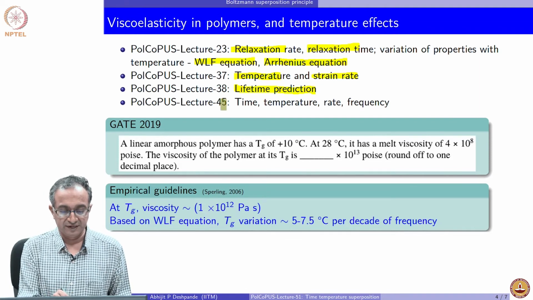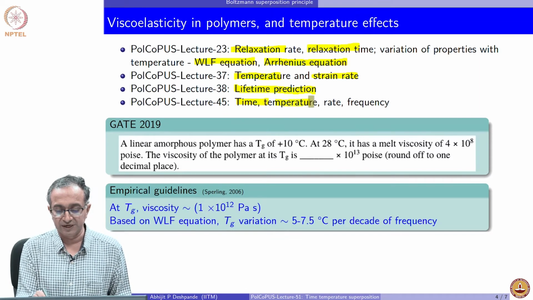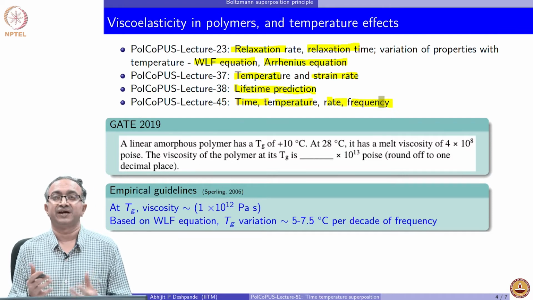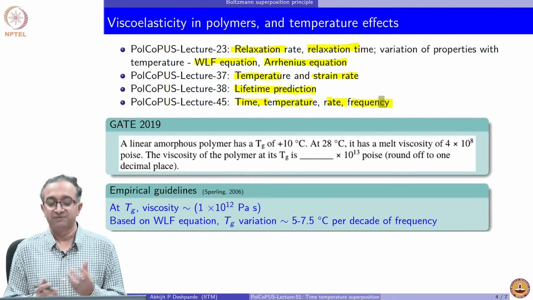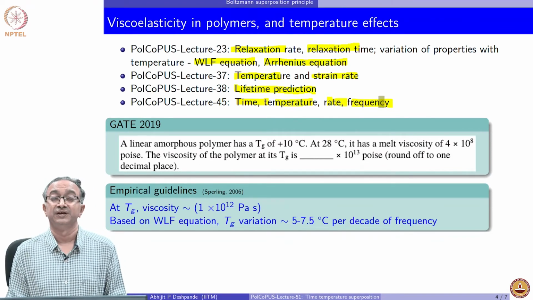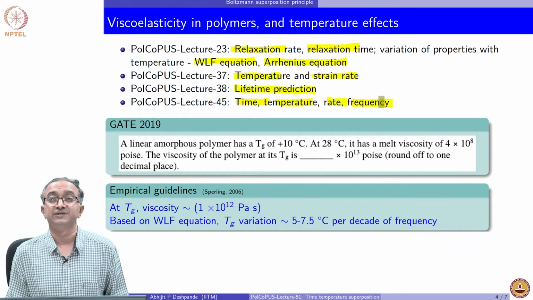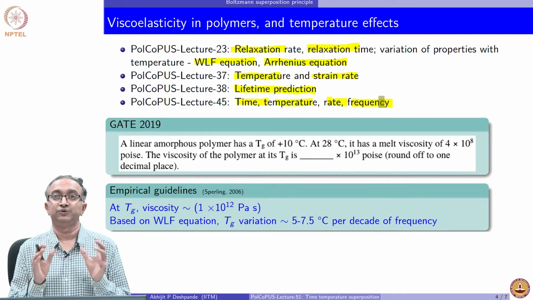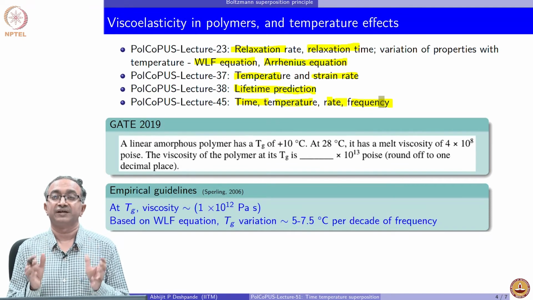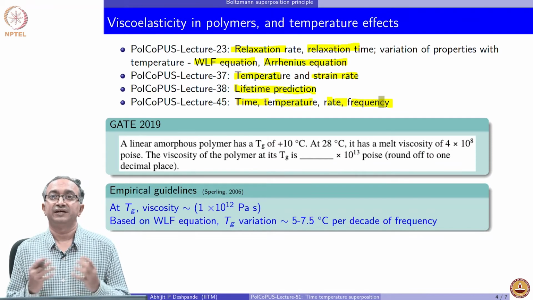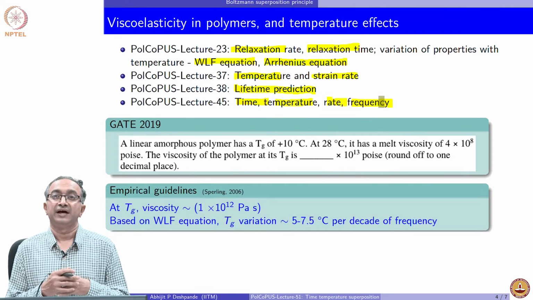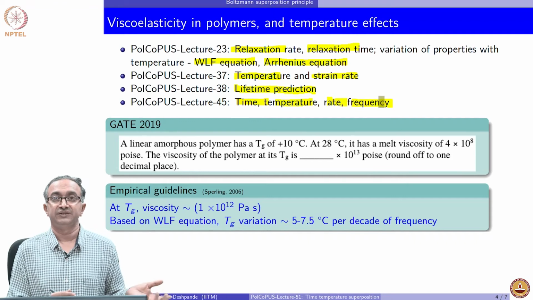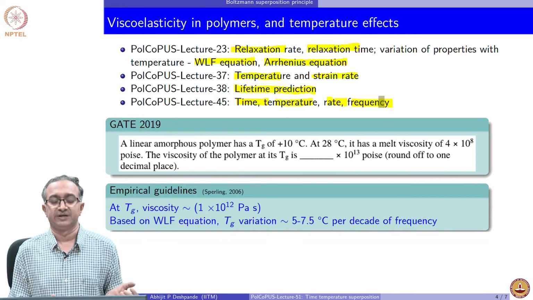And in lecture 45 also we looked at the interrelation between time, temperature, rate and frequency. So, we have discussed this several times in the course. Because of all of this, time temperature superposition works: we do tests that can be done in a short amount of time in lab conditions, and then we extrapolate to either very high frequency, low frequency, or a very large time or small time.